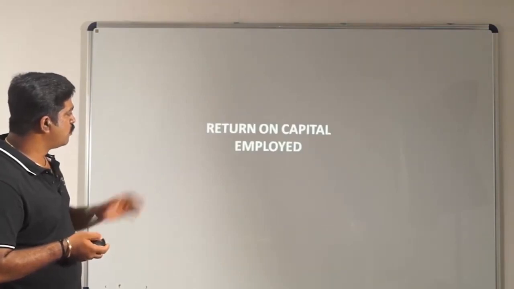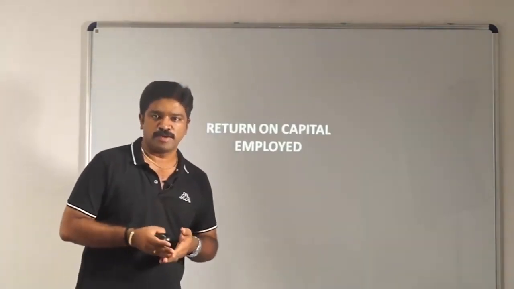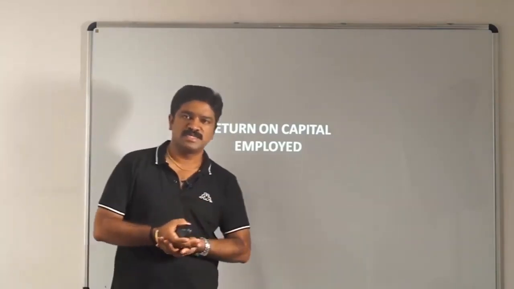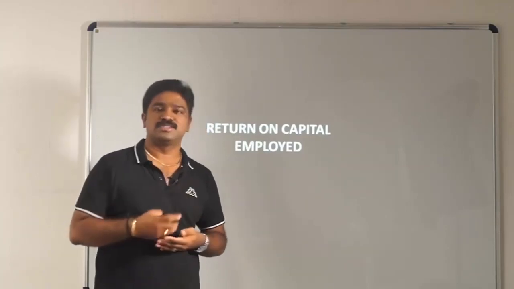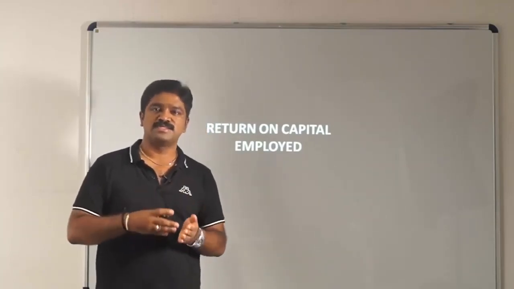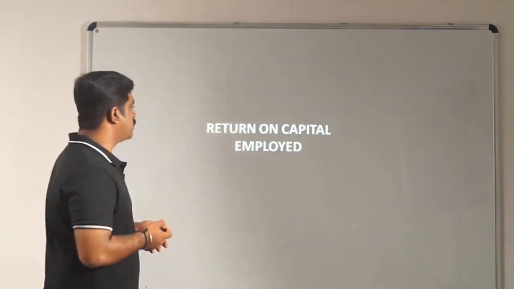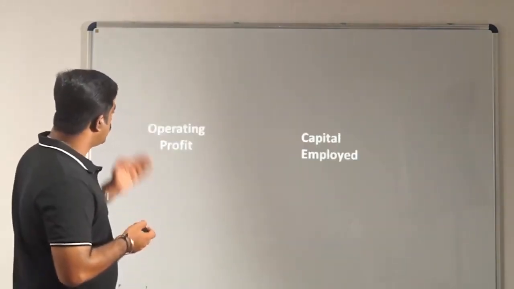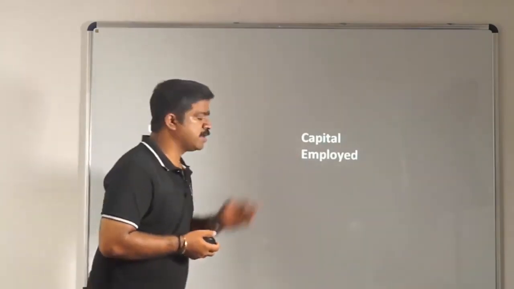Next, we'll move on to the second set of ratio, that is return on capital employed. The first one is return on asset, where the focus is on comparing the profits with assets, where we have taken the current assets, then non-current assets, and we have excluded fictitious assets. Here in return on capital employed, we are going to compare the operating profit with capital employed.